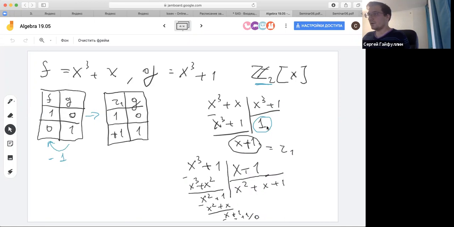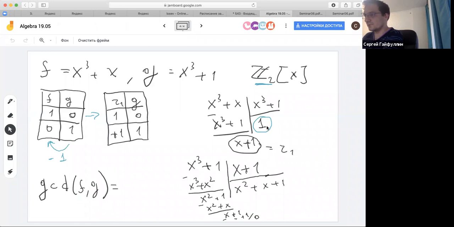So I have that G is divisible by R1, and then the greatest common divisor of F and G equals to what?